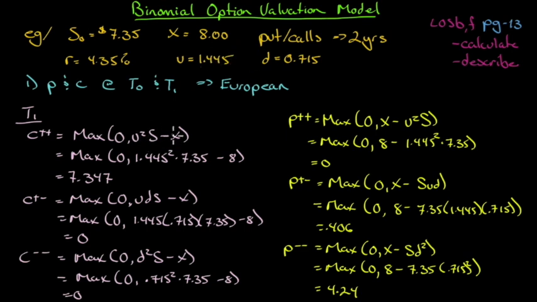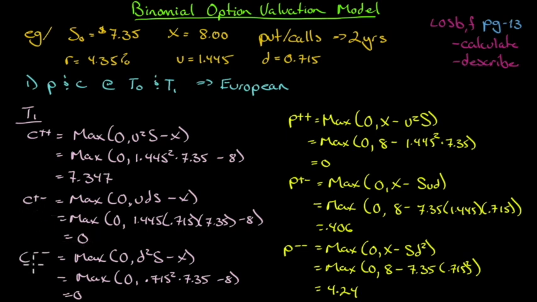So we can figure it out this way, which will give us 7.347. There's the price of the call directly, because we're assuming the $8 strike price here. This is just the price we would get anyway minus the $8. There's the price of C plus plus.